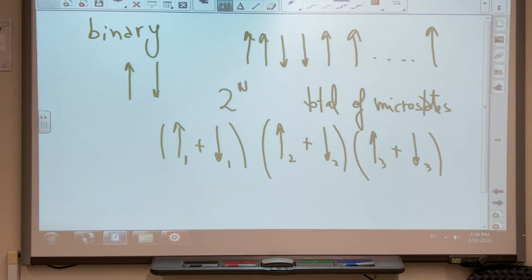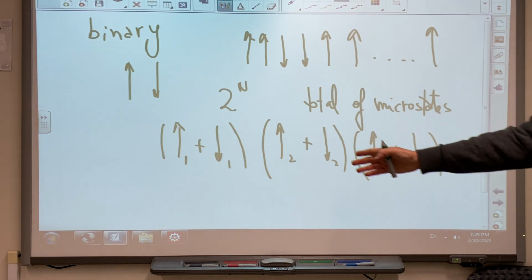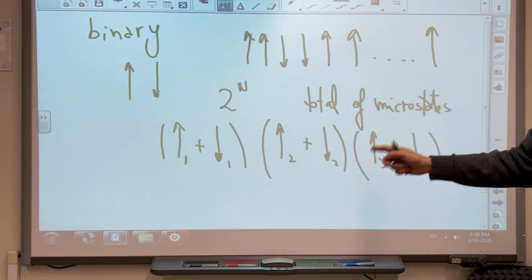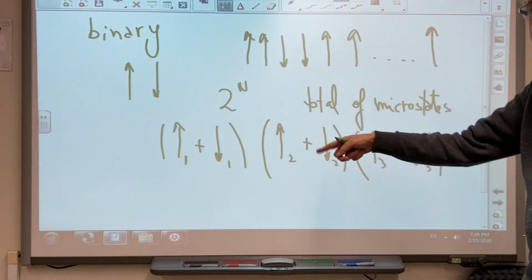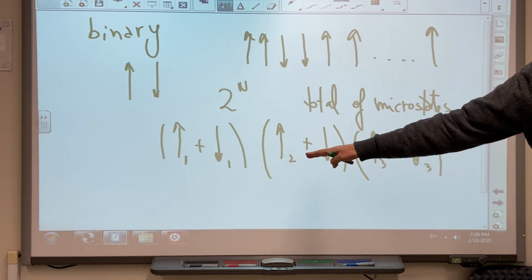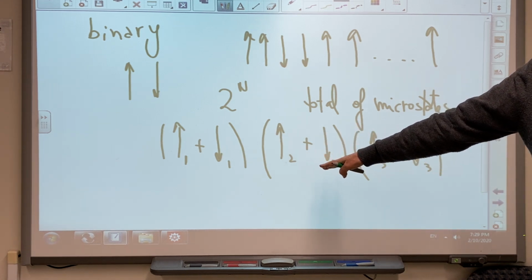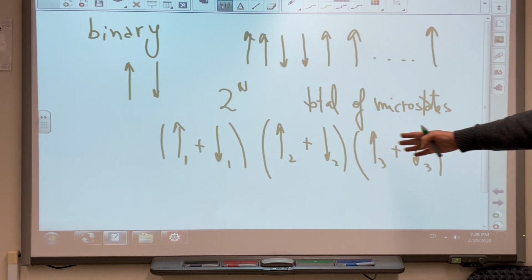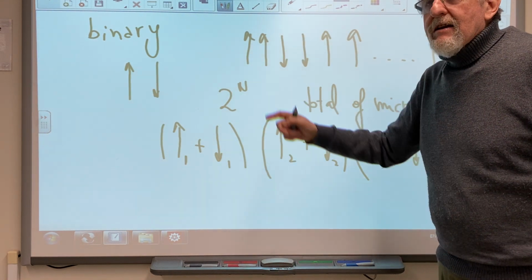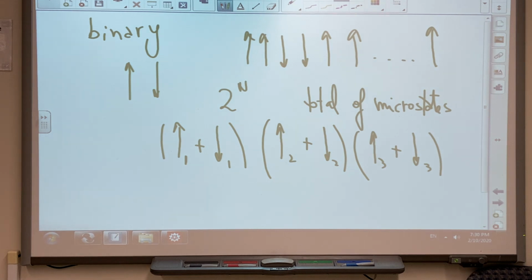Why do I write it like this? Because if I open this product, I get all the possible states, right? In this case, I will get 8 possible states. I will get plus, plus, plus, plus, plus, minus, etc. So this is a simple way of denoting every single state. In other words, if you open this product, you will get the 2 to the n possible states of my system.